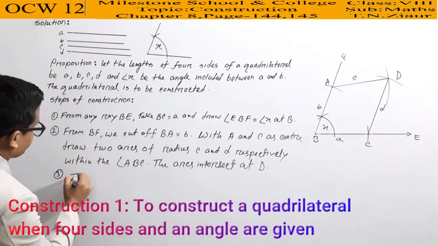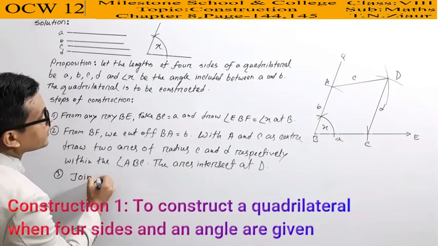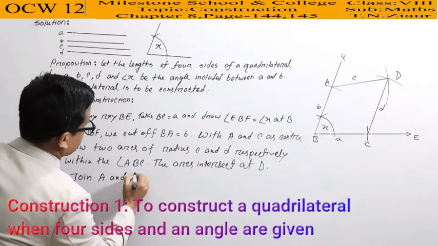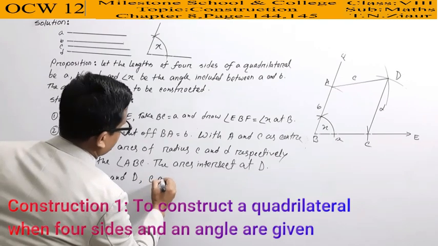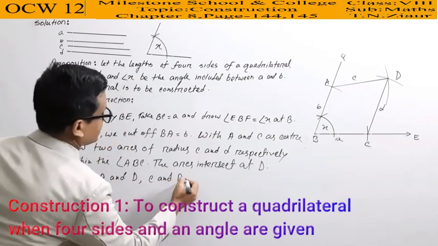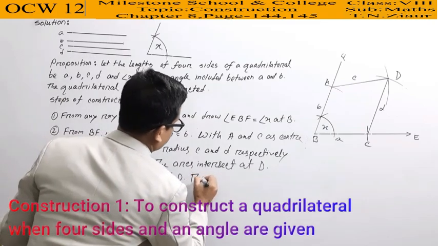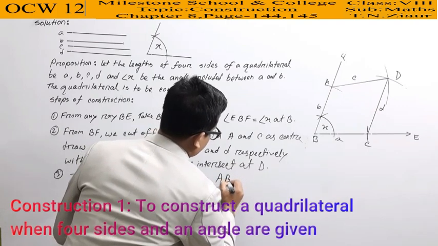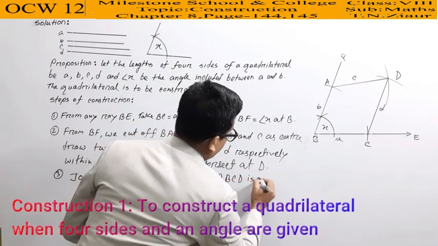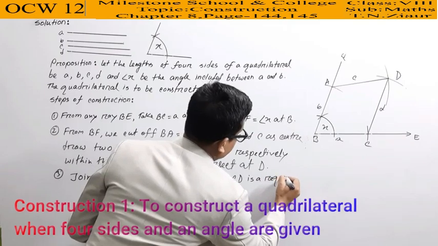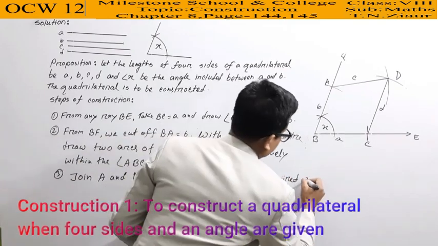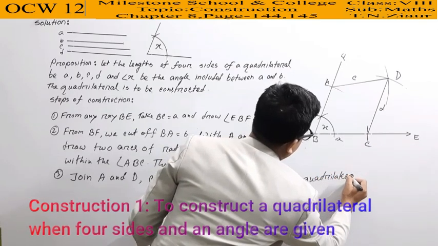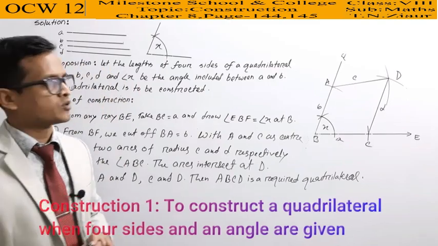Join A and D, and C and D. Then we can tell ABCD is a required quadrilateral. Okay, students, have you understood this one?